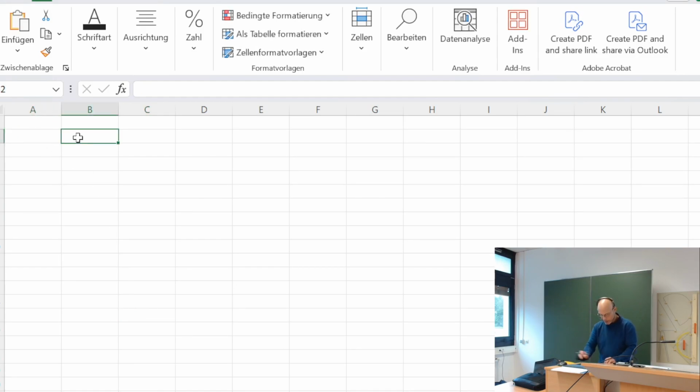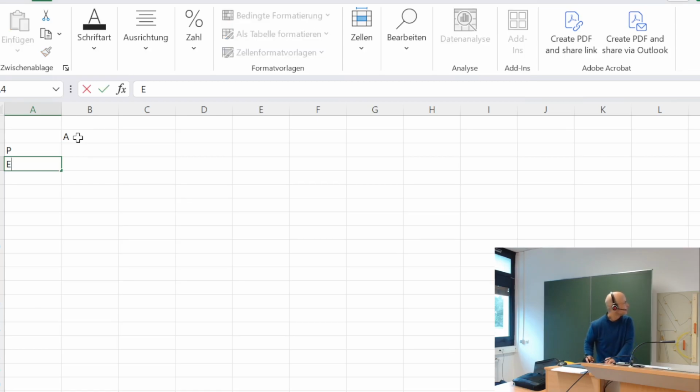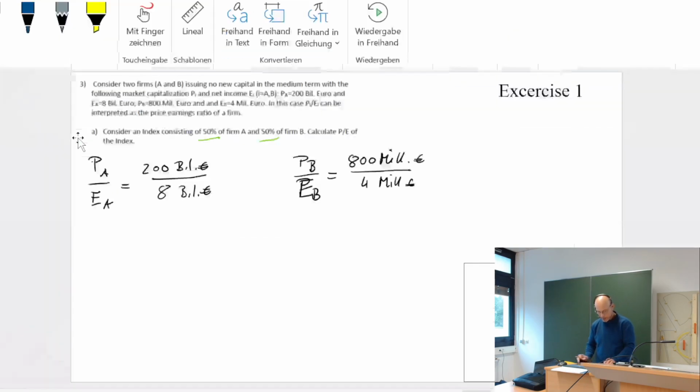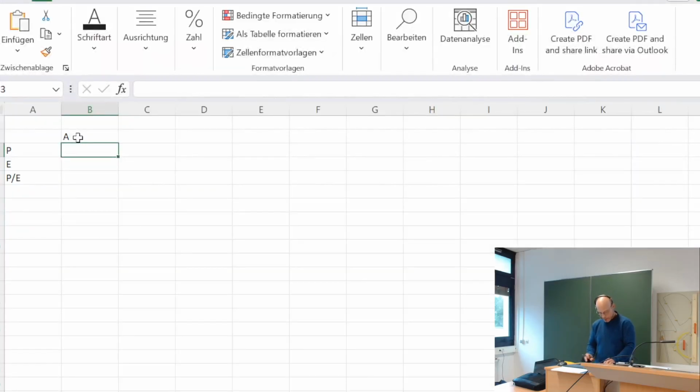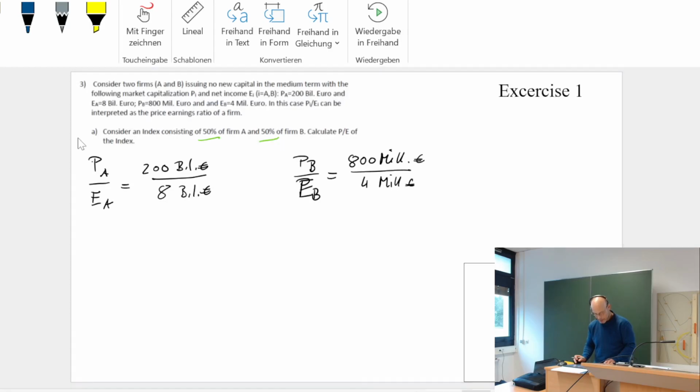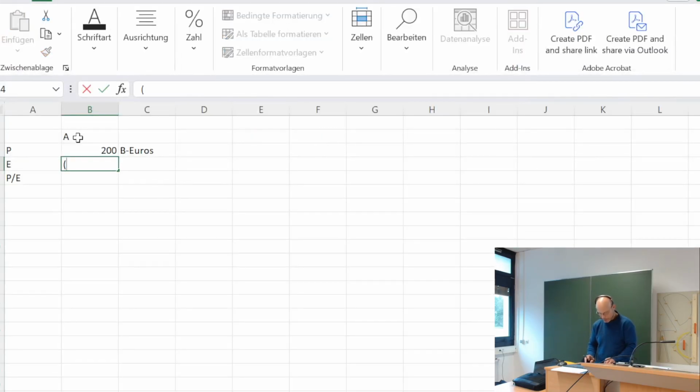So A, we have P and E, and P over E. This was 200 billion euros and 8 billion euros.